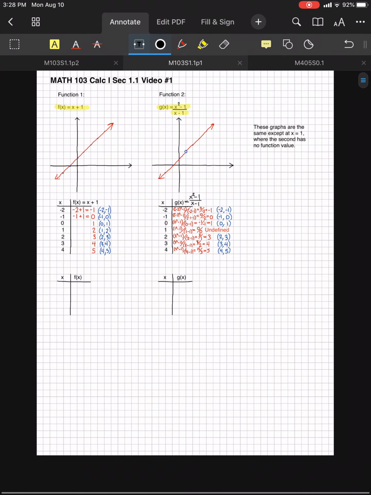Okay, so that is what we notice about these two graphs. They're the same except at that one point where the second doesn't have a function value.